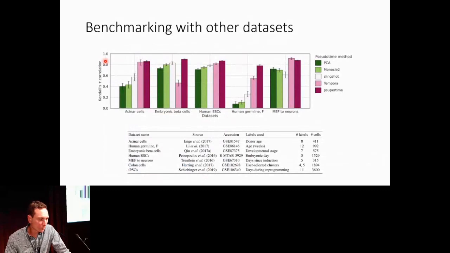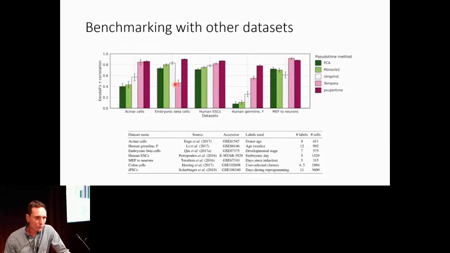And what we evaluated is the Kendall's tau of the time labels from these time series experiments with the pseudotime that you can come up with using psupertime or the baseline approaches. And as baseline approaches, we used PCA again, and then two very popular pseudotime ordering approaches, Monocle and Slingshot.